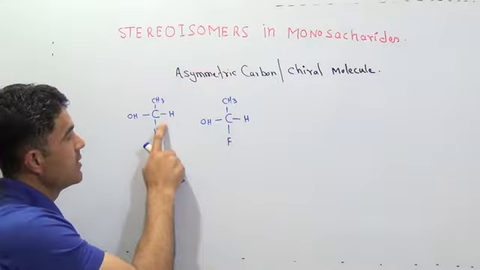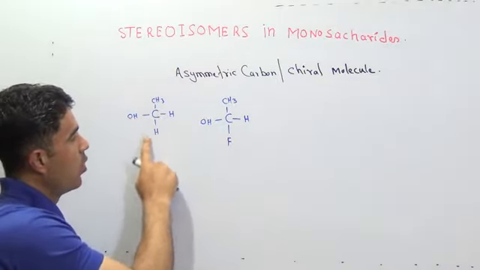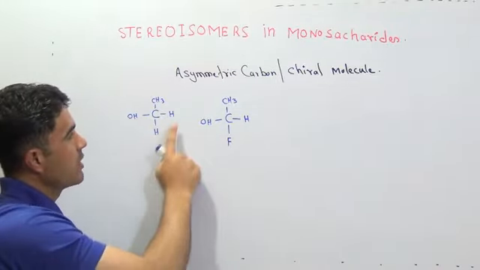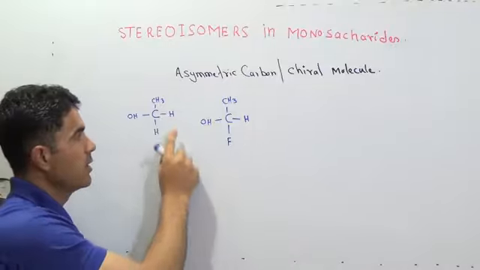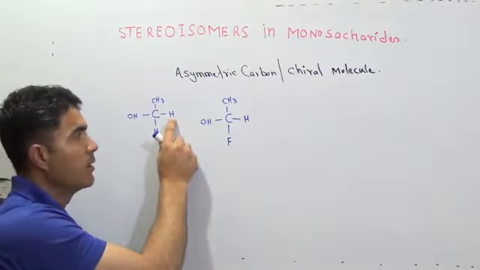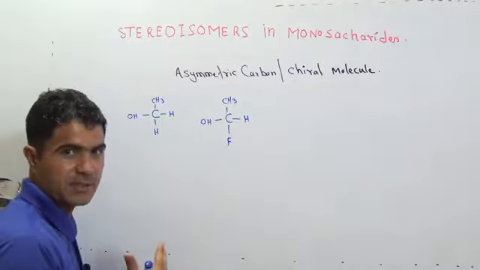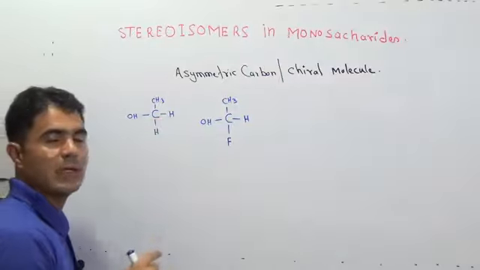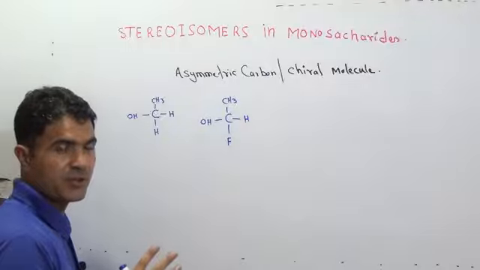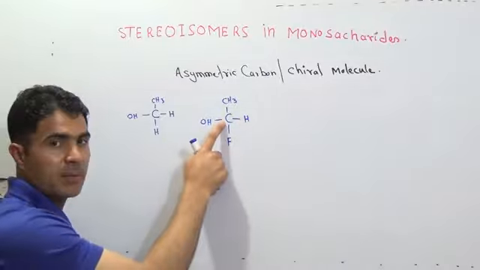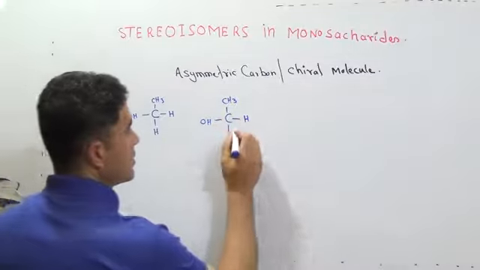But in this case, all the 4 attachments are not different. The 2 are similar, the 2 hydrogens, there are 2 similar attachments. Such carbon will not be called asymmetric, but this kind of carbon will be called asymmetric.